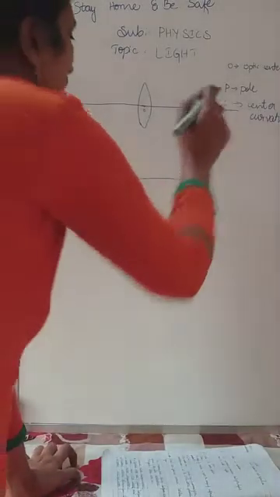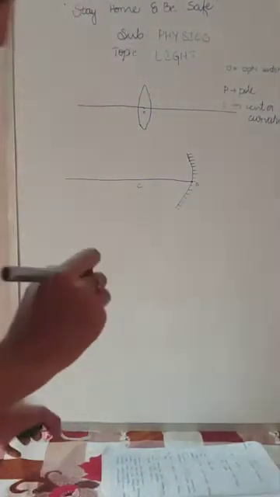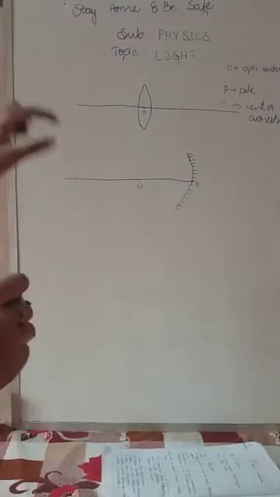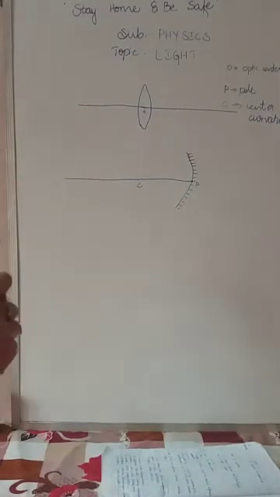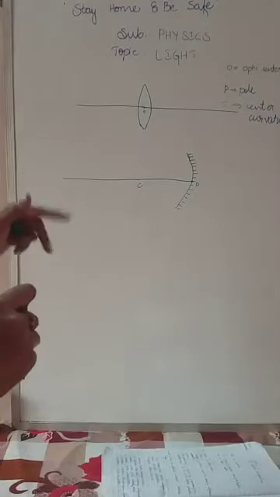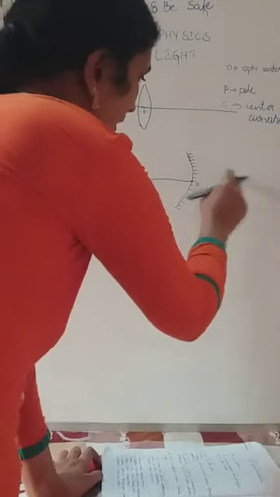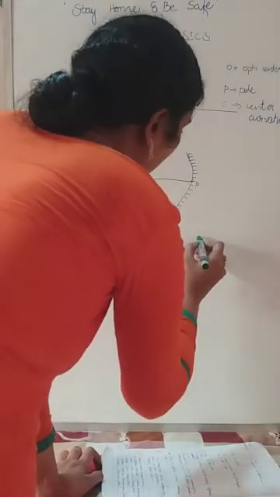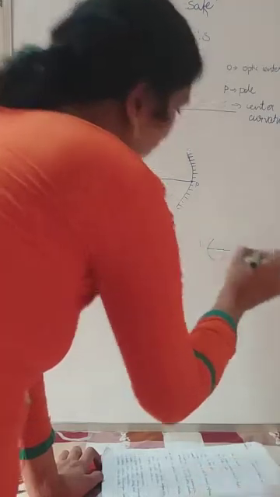Particularly, this center of curvature lies in front of the mirror in a concave mirror. Front means in front. So in a concave mirror, it lies in front. Concave means if you have taken the mirror like that, it lies in front of the mirror.